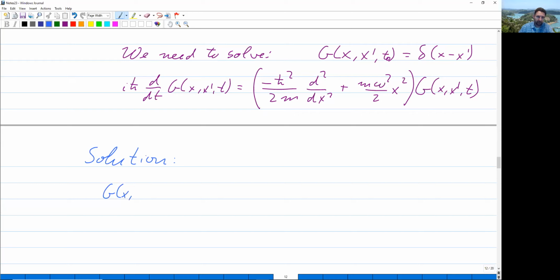So the solution can be shown to be G(x, x', t) equal to, and now I have to open a big bracket here.